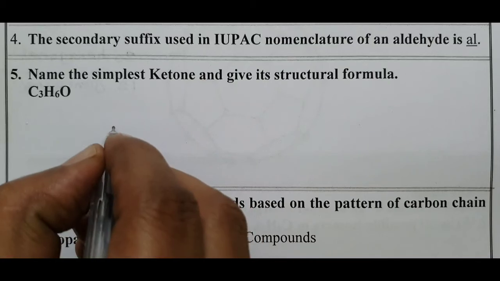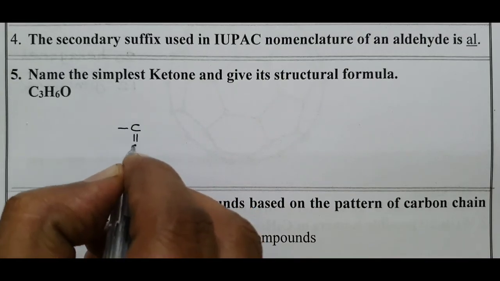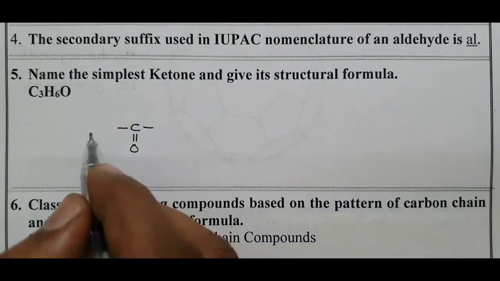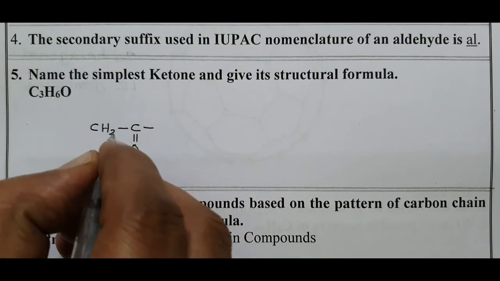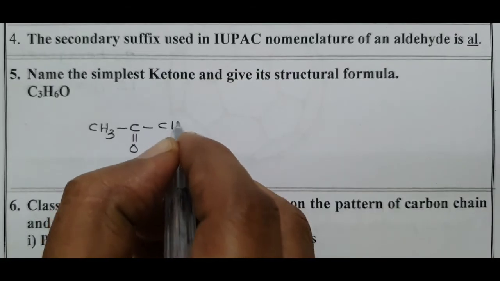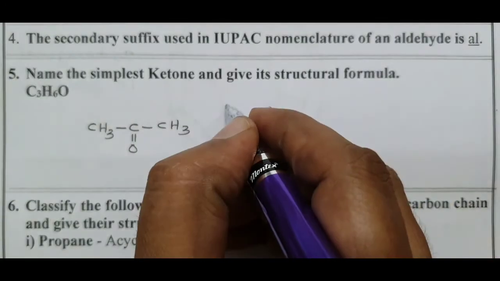C3H6O. Ketone functional group, C double bond O. To this carbonyl group, if the 2 lowest carbon alkyl, methyl, are added, we will get the simplest ketone. There are three names for this compound.